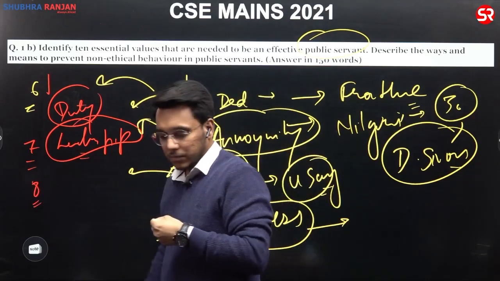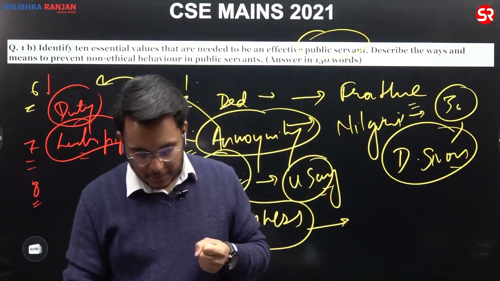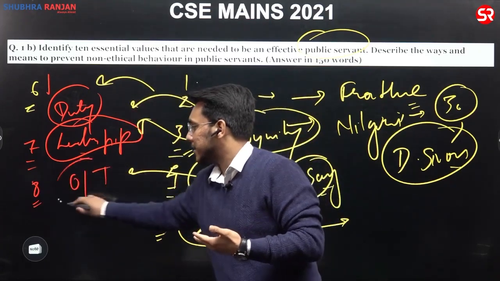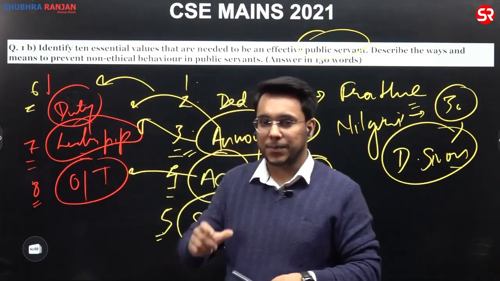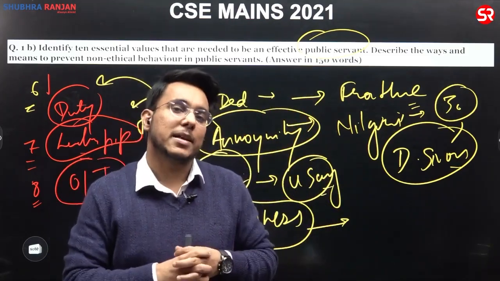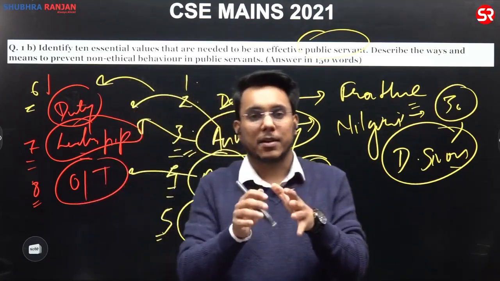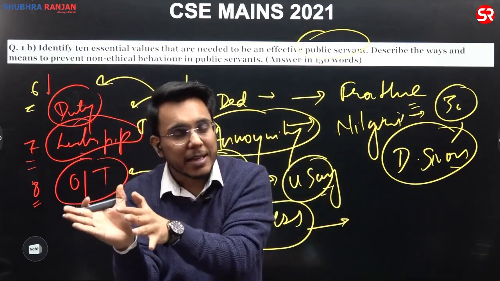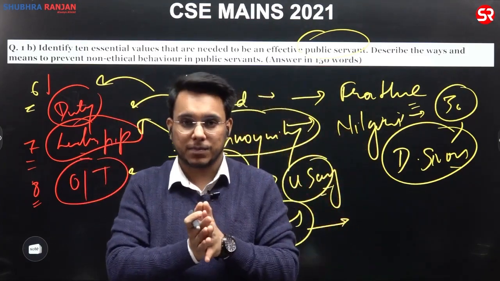Then the next value that is there is openness and transparency. Why are openness and transparency needed? The Second ARC has provided this. Wherever opaqueness and discretion are there, corruption will automatically come.